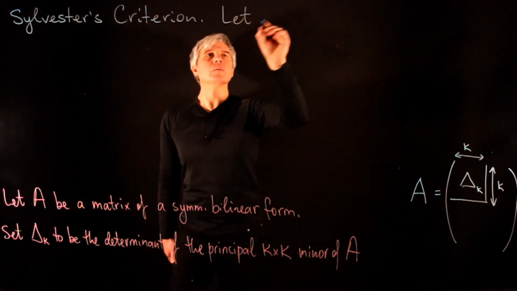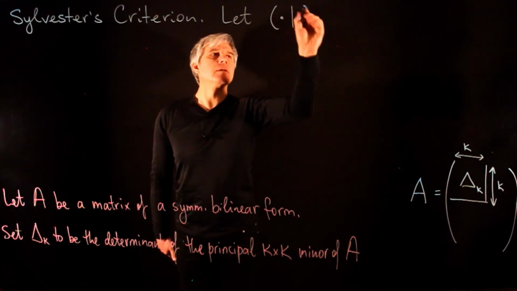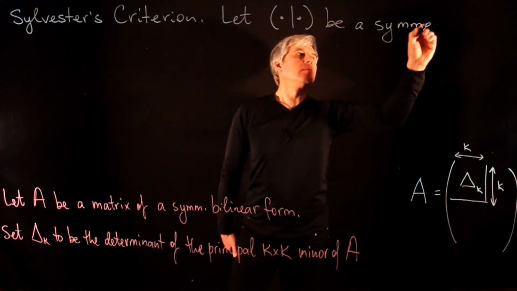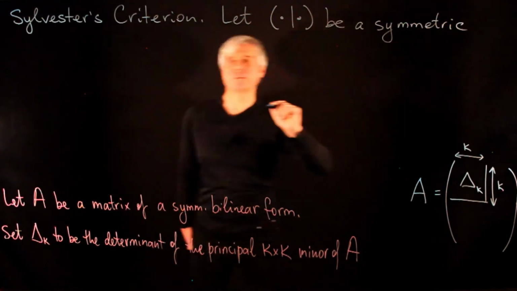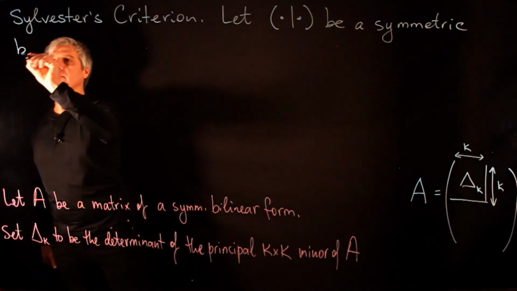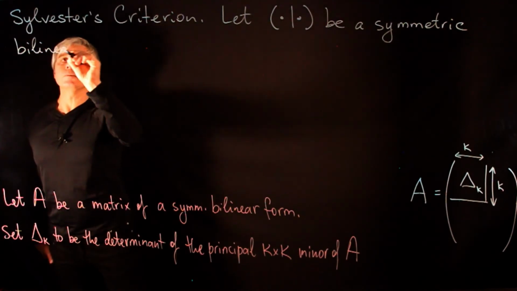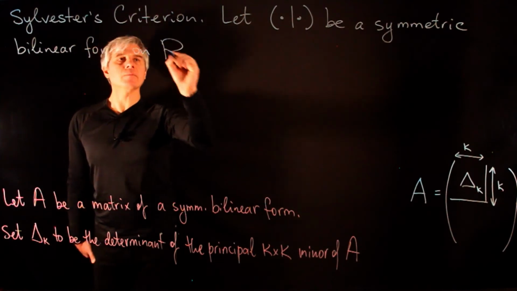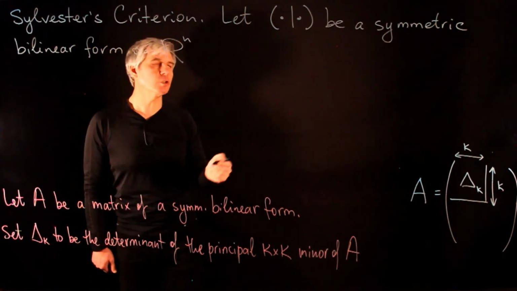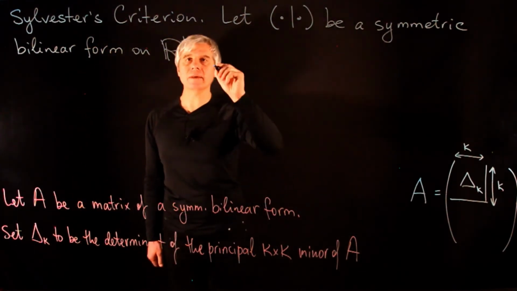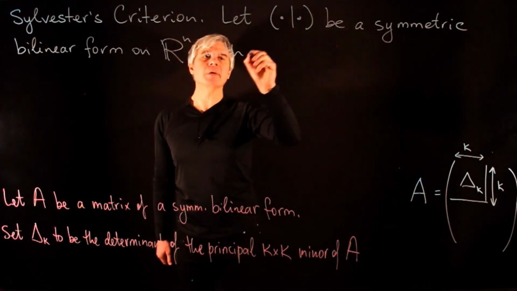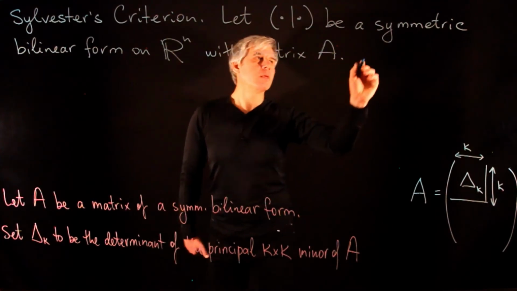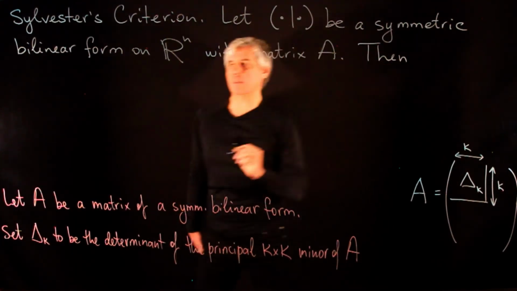Let we have a symmetric bilinear form on Rn, or a Hermitian form on a complex space Cn with matrix A. Then we make two claims.